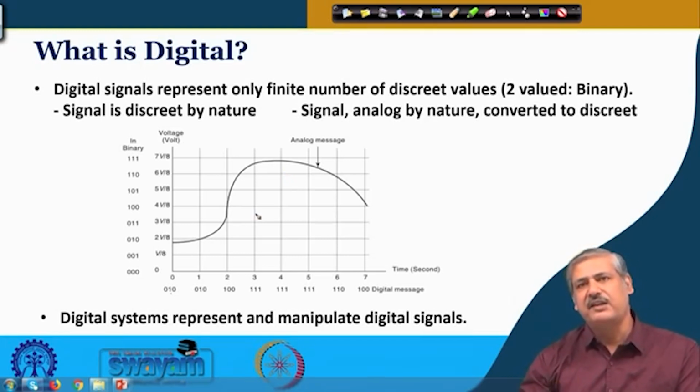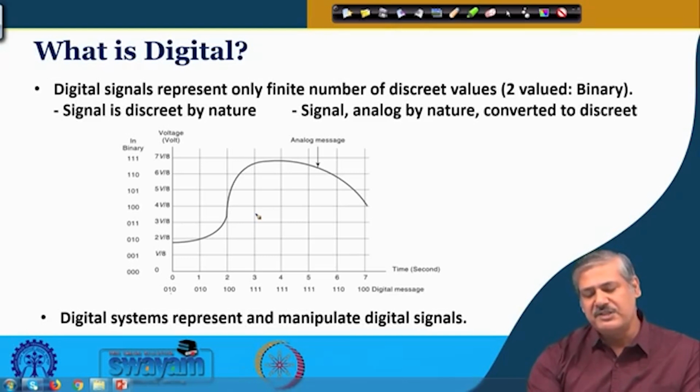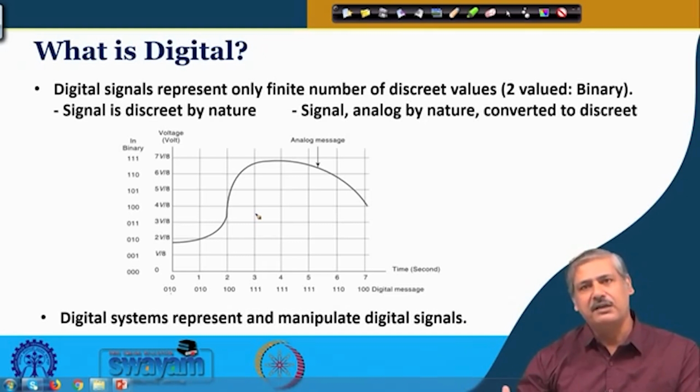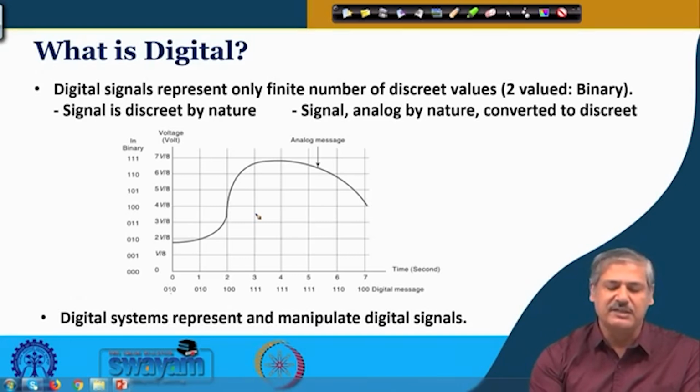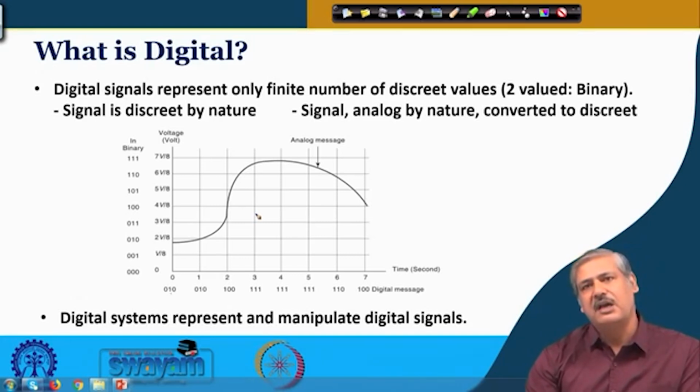There is a specific rate: whatever the frequency content of the analog signal in the first place, we have to sample it at a particular rate which is above the lowest frequency content. Or if it is a band pass signal, then there will be something else. So, there is a specific rate by which it needs to be sampled, so that we can reconstruct the analog signal back from the discrete samples.